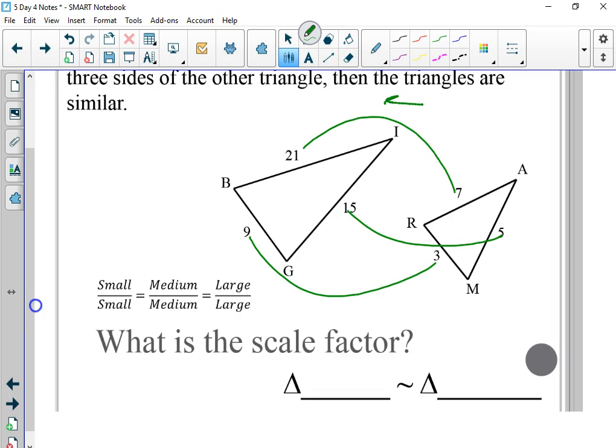Okay? If we're going this direction, it's times 3. If we're going this direction, it's times 1/3, or divided by 3. So it's a 1 to 3 or a 3 to 1 ratio.